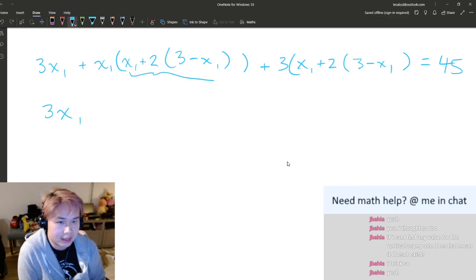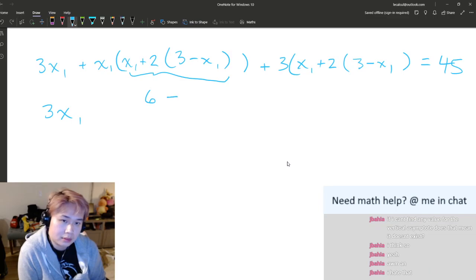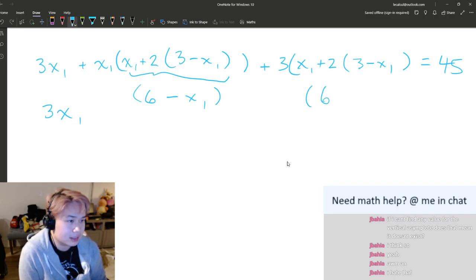Okay, what is all of this? 6 minus x1. So this one's also 6 minus x1.